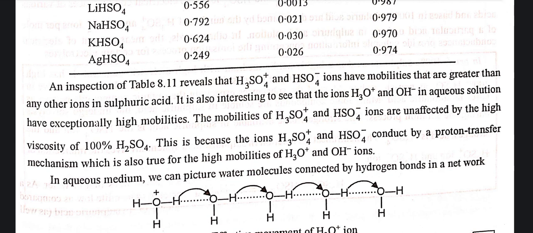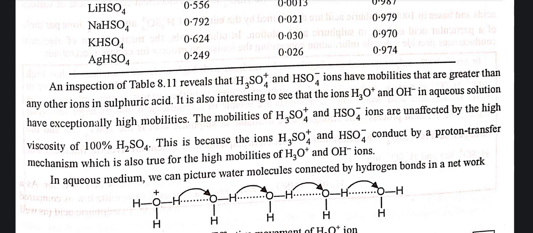The mobilities of H3SO4+ and HSO4- ions are unaffected by the high viscosity of 100% H2SO4. This is because the H3SO4+ and HSO4- conduct by a proton transfer mechanism, which is also true for the high mobilities of hydronium and hydroxide ions.